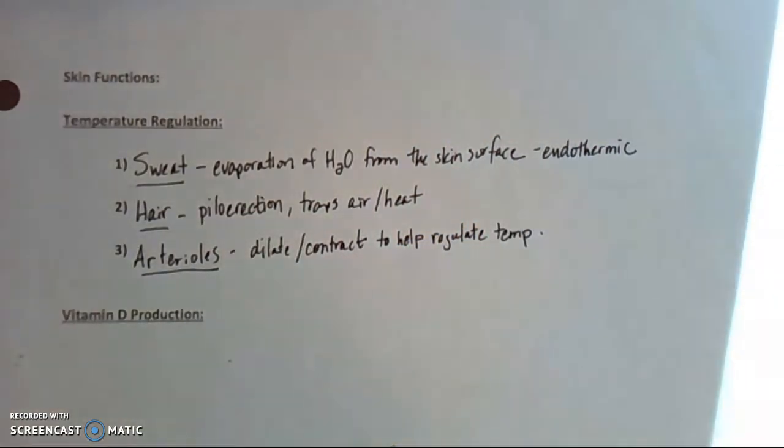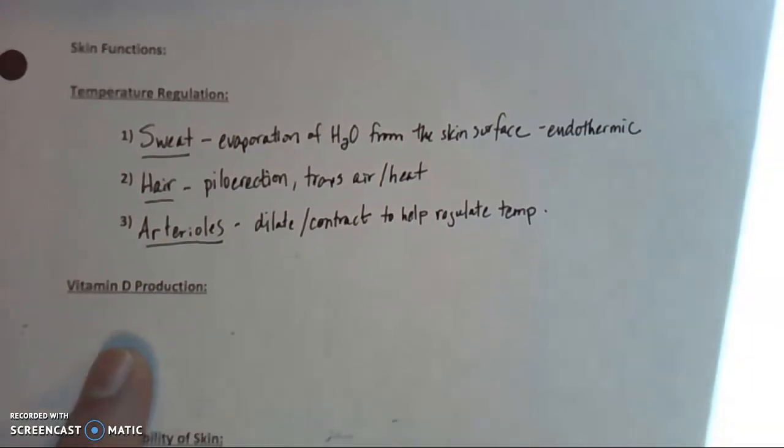So if we get really hot, our arterioles can get a little bit bigger and move a little bit towards the surface of our skin, and that allows the diffusion of heat to the surface of the skin. If we get cold, the opposite happens. They can contract a little bit to conserve heat.